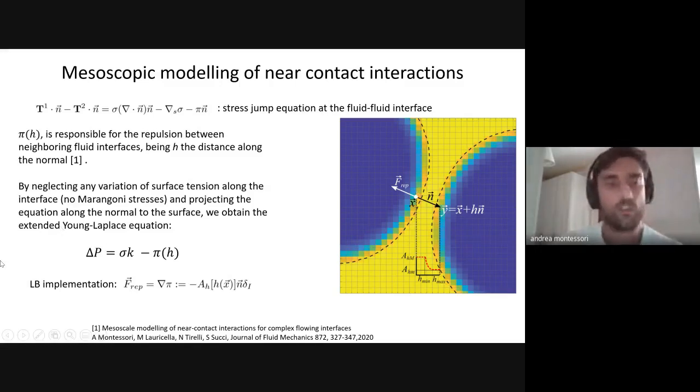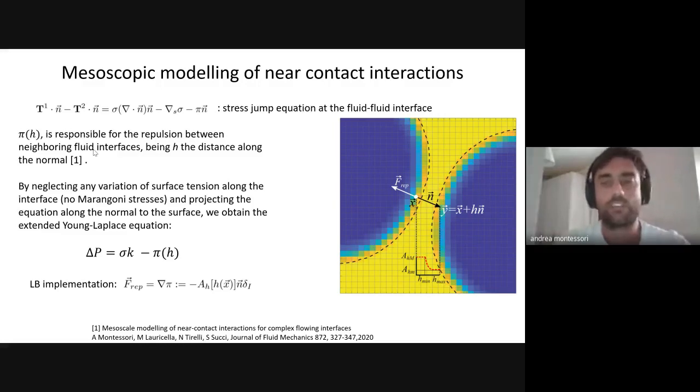Okay, so by neglecting any variation of surface tension along the interface, so we don't have any Marangoni stresses, this term can be neglected in that case. And if we project the equation along the normal to the surface, then we obtain something that we call an extended Young-Laplace equation, which is reported here.